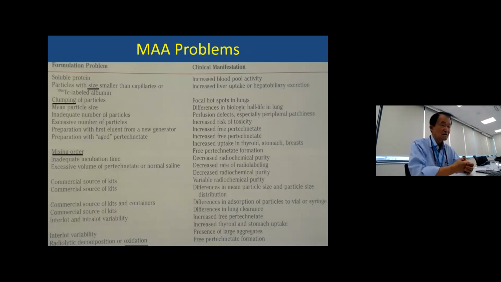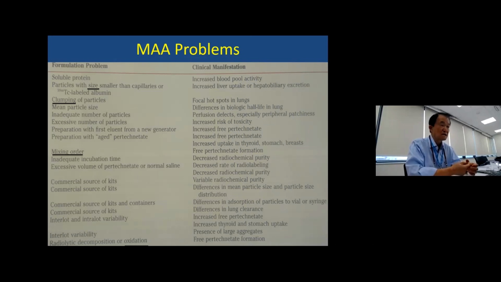The lung pre-terminal arteriole is about 10 to 15 micron. So when you give 5 millicurie technetium MAA, that's about 500,000 particles. We have 300 times 10 to the 9 pre-terminal arterioles.